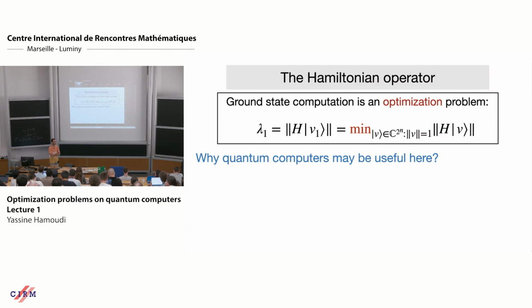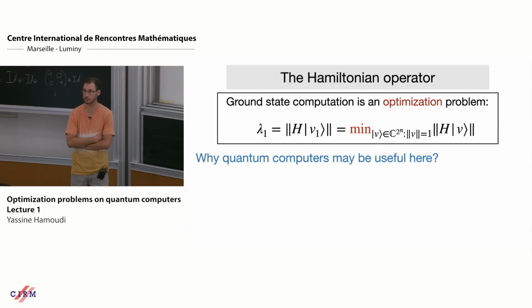It has to have an overlap with the ground state? Okay, so the question is about the connection between the spectral gap and the initial overlap of the starting state with the ground state, right? So I will also answer this question in a minute, but it's not directly related.